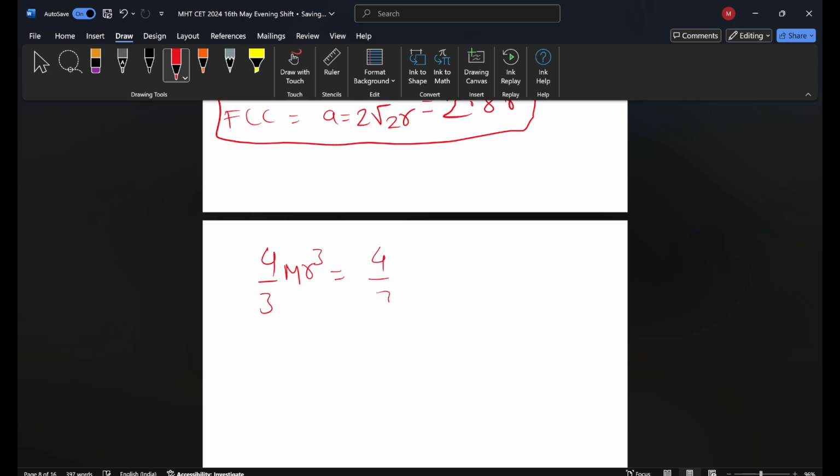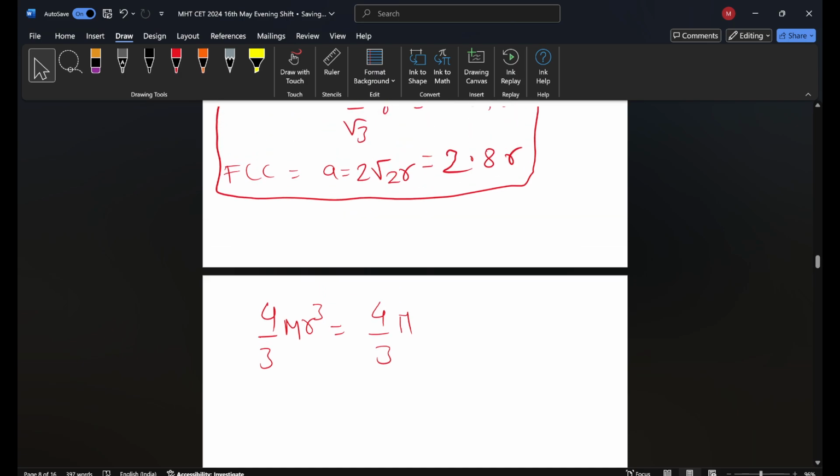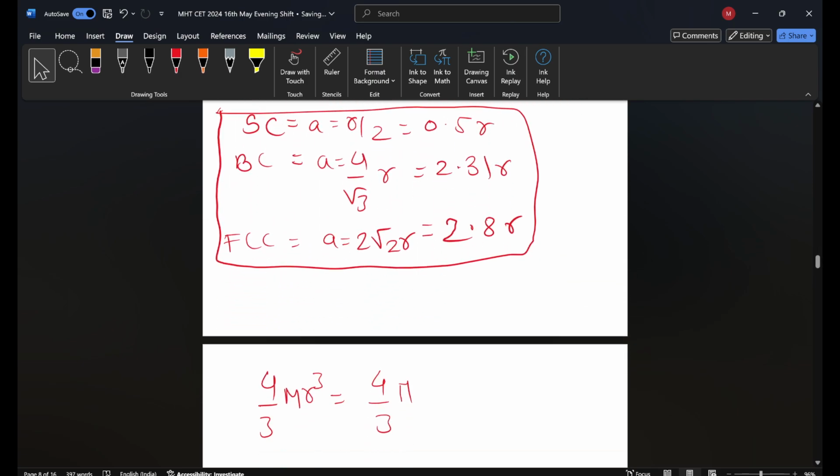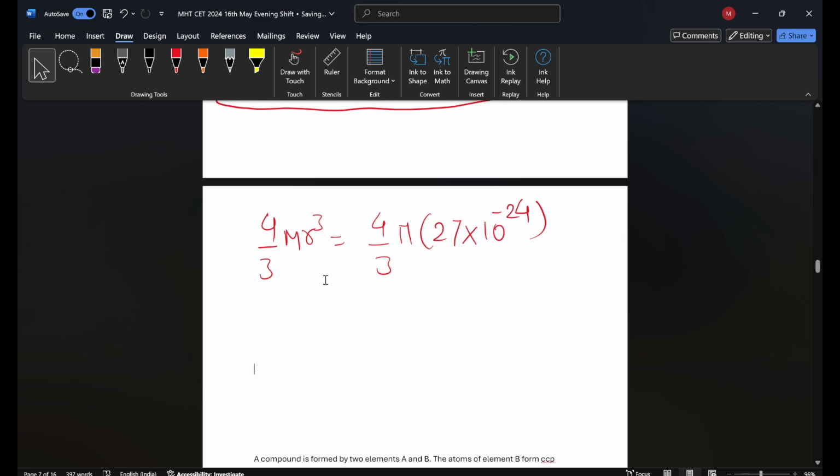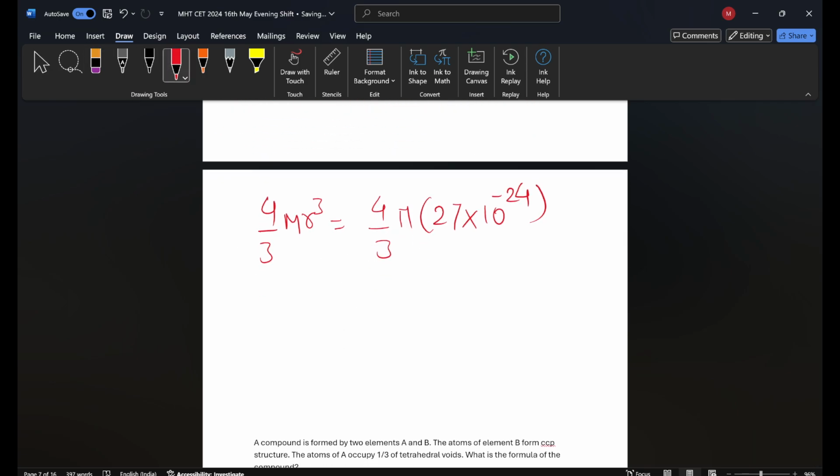So that is 4 by 3 pi, and the value of r, what is the r? 3 into 10 raised to power 8. So 3 cube is 27, 27 into 10 raised to power minus 24. Okay. And now comes calculation only, and we will calculate it, no problem.